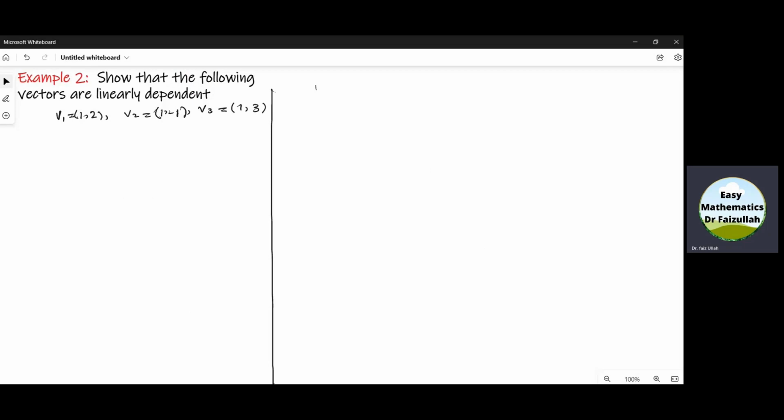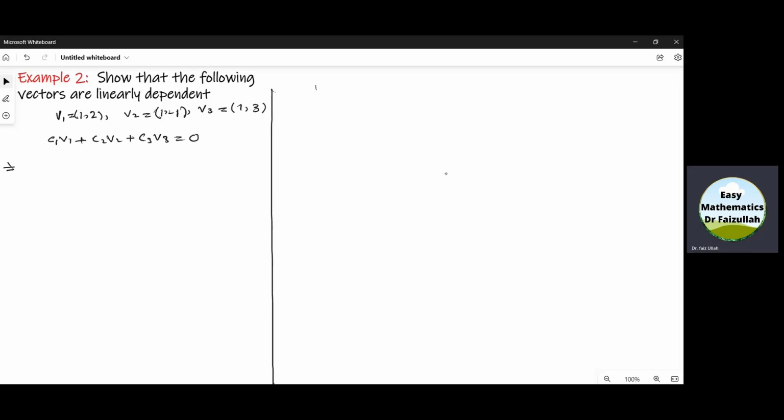In example number 2, we show that the given three vectors are linearly dependent. In a similar procedure, we shall put the linear combination C1V1 plus C2V2 plus C3V3 equal to a zero vector.